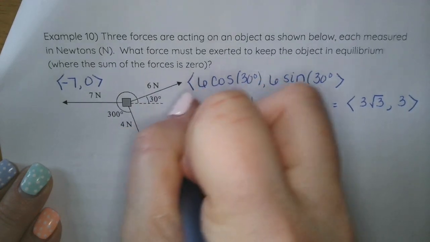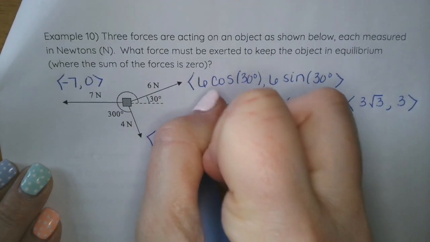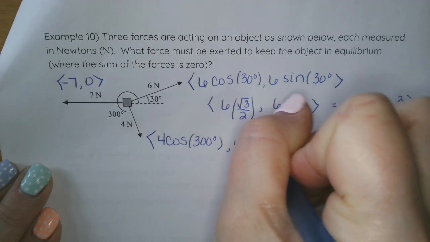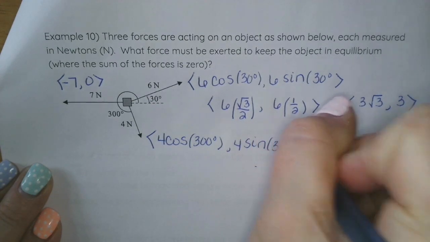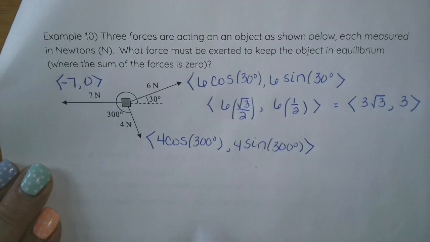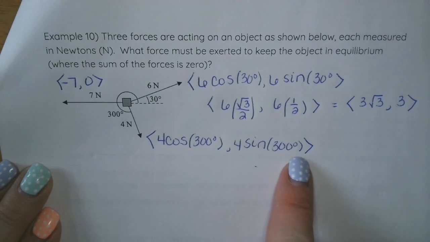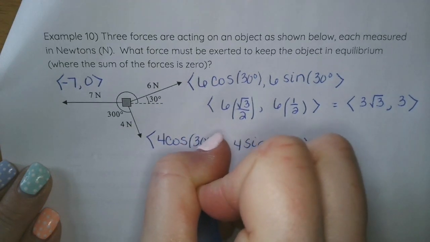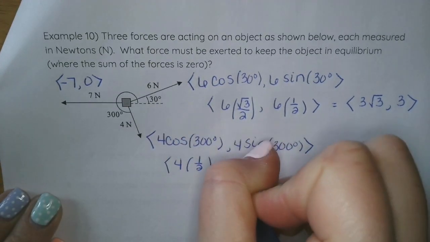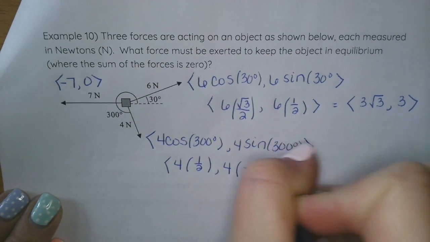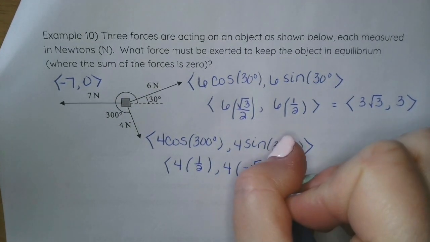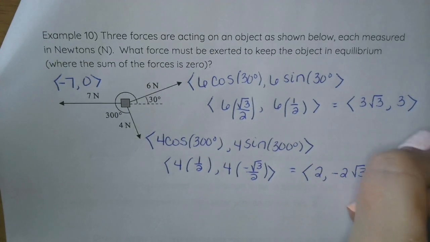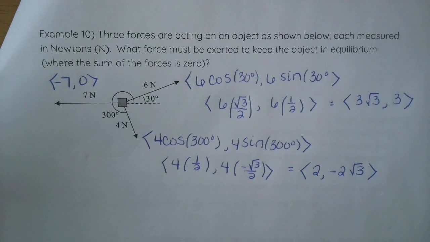So the length is 4 times cosine of 300 degrees and 4 times sine of 300 degrees. I am able to evaluate because sine and cosine of 300 degrees is on our unit circle. 4 times 1/2, 4 times negative square root 3 over 2, which of course reduces to 2, negative 2 square root 3 as our components.